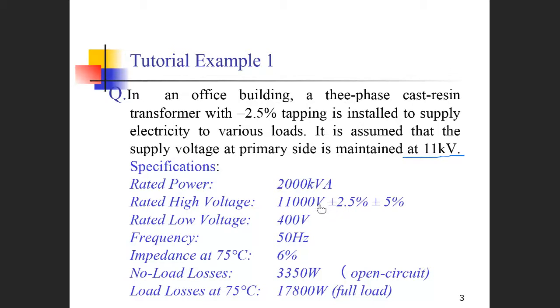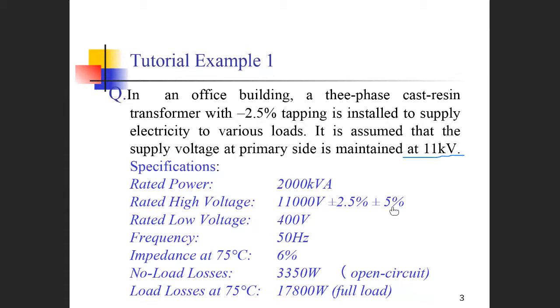Sometimes it is allowed, meaning the engineer can install this transformer with plus minus 2.5 percent tapping error allowed, and also plus minus 5% because of the temperatures and the source.